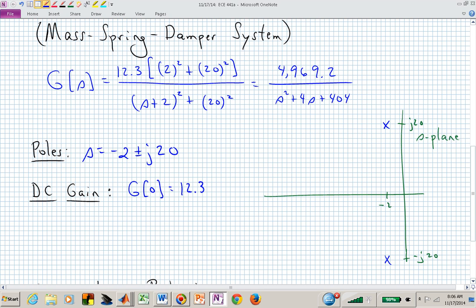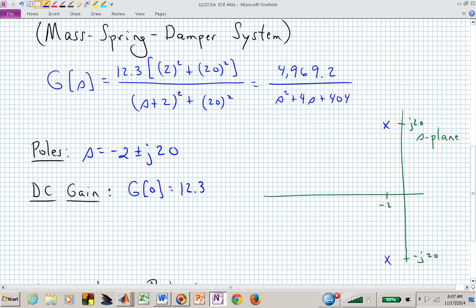Is everybody clear on what that looks like? What's your pole-zero excess? That's 2, isn't it? So that gives you this fundamental angle, 180 divided by 2, or 90 degrees, and now you have odd multiples of that fundamental angle spread around your entire s-plane. You now have an asymptote going off at 90 degrees and another asymptote going off at 270, or I might just say plus and minus 90 degrees.